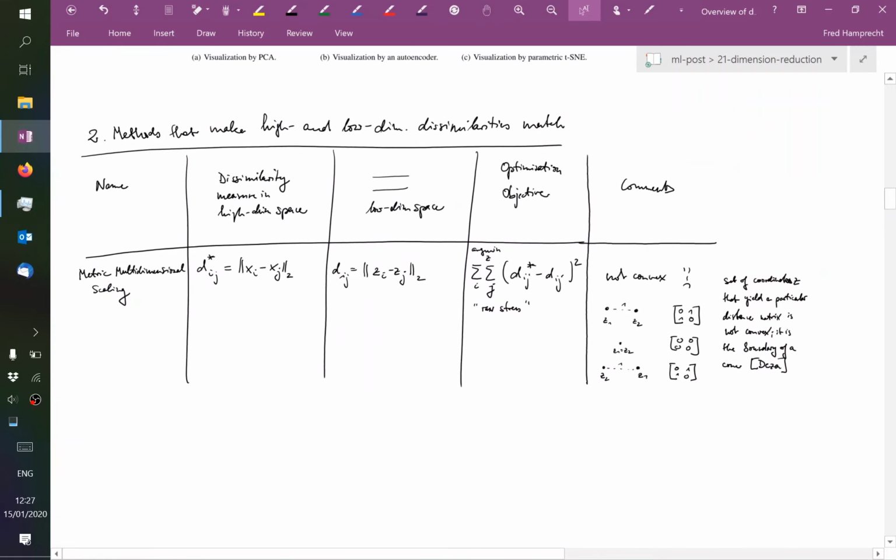Good. So, innocent looking, meaningful objective, unfortunately, a hard optimization problem. And then, of course, you can invent heuristics, and they will do quite okay, but we're not going to be able to find the global optimum in general.